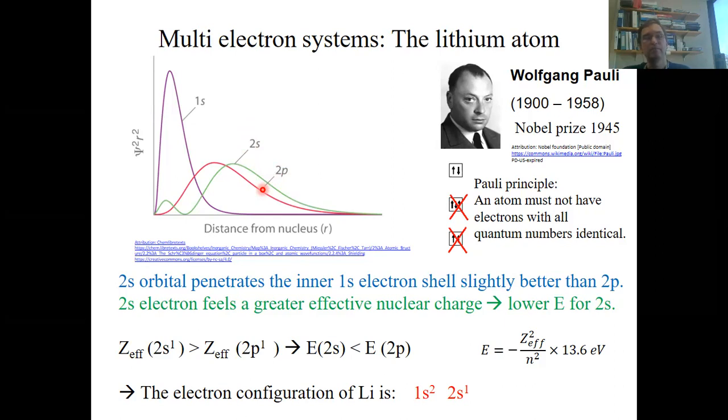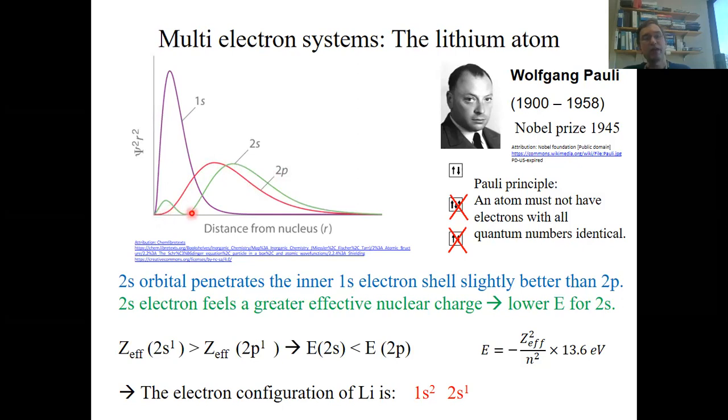So this is visible from this graph, not at first glance, but at second glance. So you see actually that the big electron density maximum of the 2s orbital is a little bit further away from the nucleus in comparison to the electron density maximum for the 2p orbital.